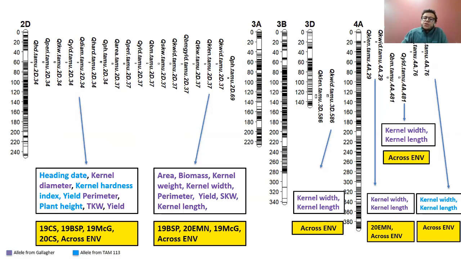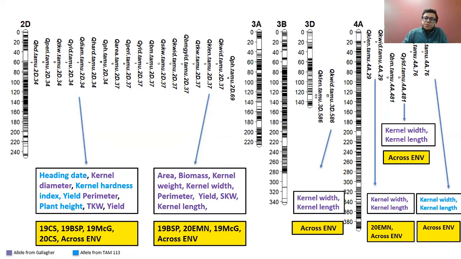The other one is on 2D at the 37 megabase pairs position. It also controls multiple traits: area, biomass, kernel weight, perimeter, and yield.